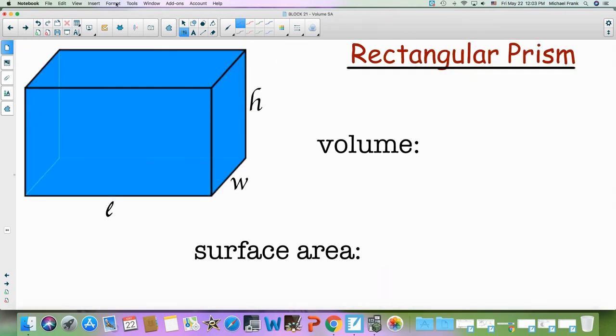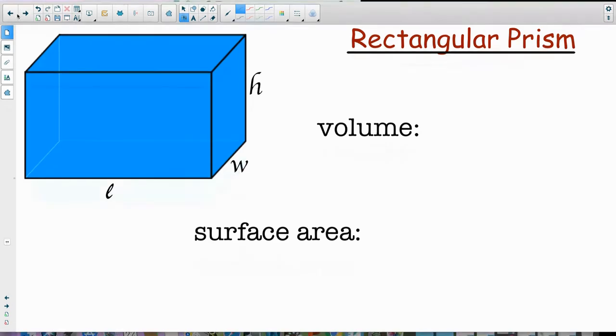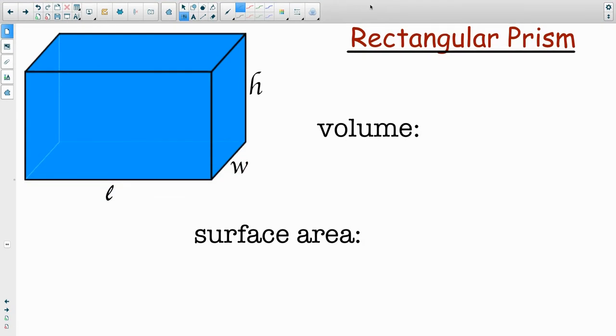All right. We're going to wind this up by talking about a rectangular prism. We use the word prism to talk about three-dimensional solids where, if you look at any particular face of it, a rectangular prism, like a cube, has 6 faces. If it maintains its size throughout the figure, that is a definition of a prism.